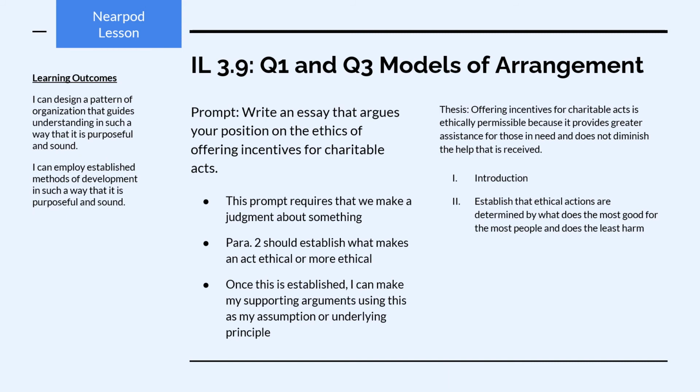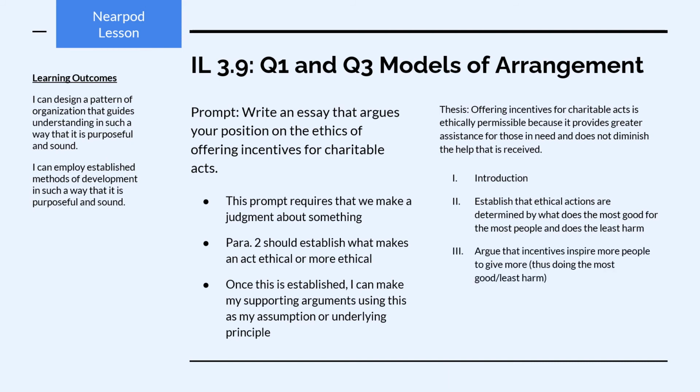Okay, I'm going to define what the most ethical course of action must be. And this is just a utilitarian theory. Utilitarians define the ethical course of action as what does the most good for the most people, and that is largely the most agreeable definition of what is ethical.